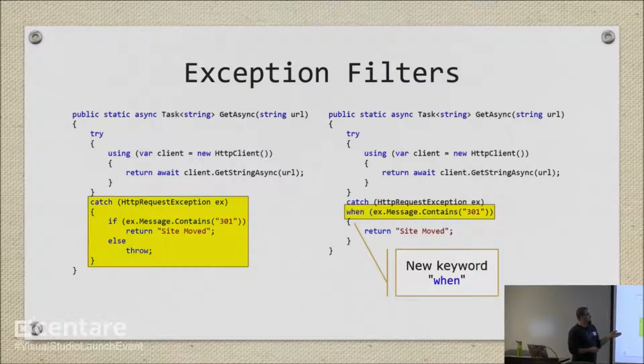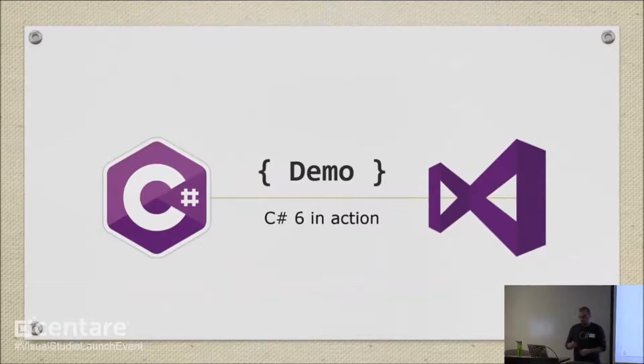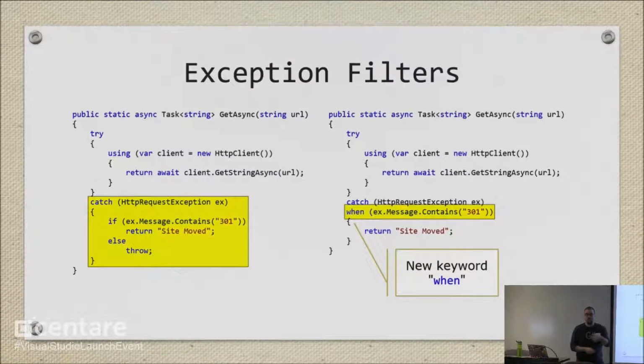Now, with C# 6, you can use the when, and this return statement is only ever captured when two things occur. One, it's an HTTP request exception, and two, the message contains that 302 string. Then you could return that. Otherwise, it's going to throw. It doesn't catch it.